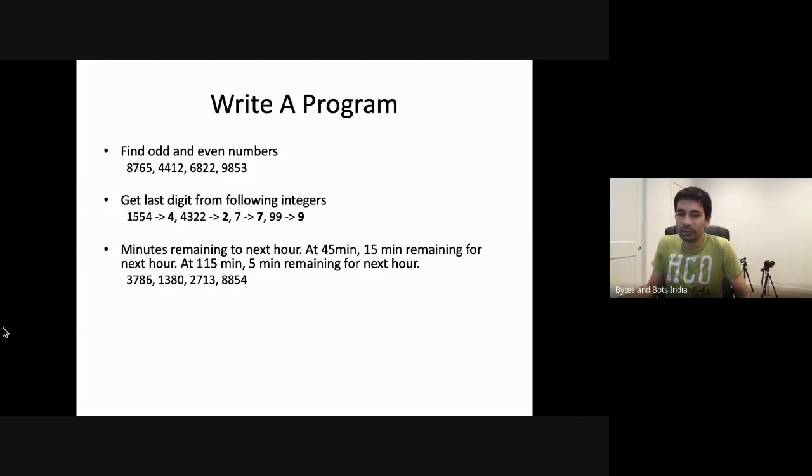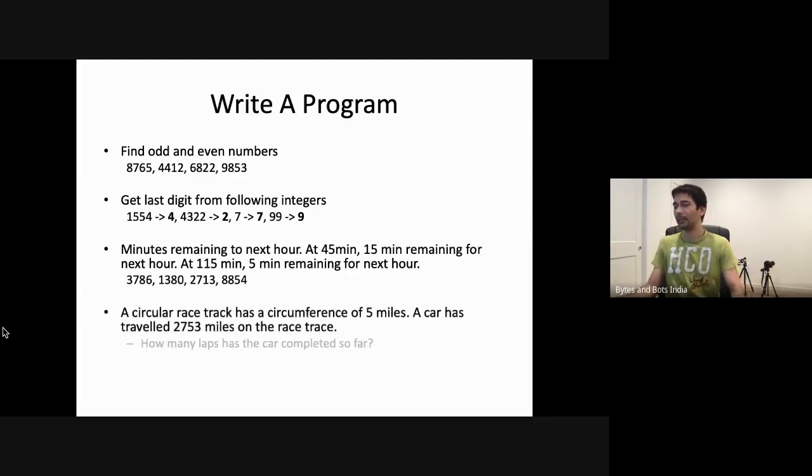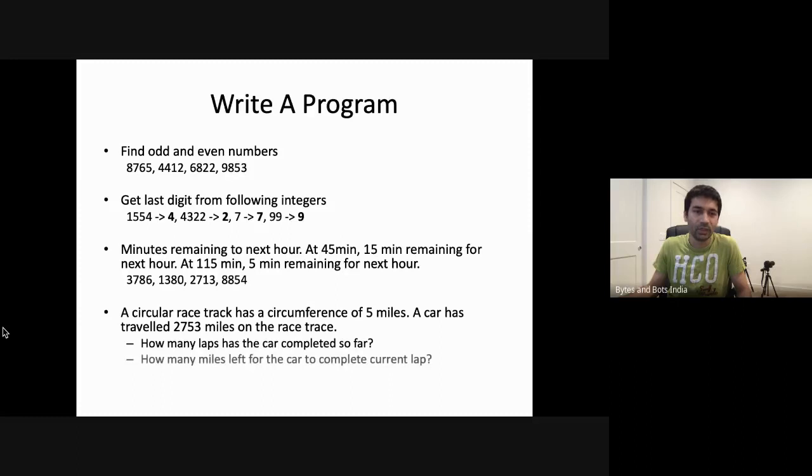Let me know if there's any question, and we can address that before we proceed. Just a quick recap: modulo returns a remainder. If you do x modulo y, the result is the remainder of dividing x by y, whereas x forward slash y gives you just the quotient, not the remainder.